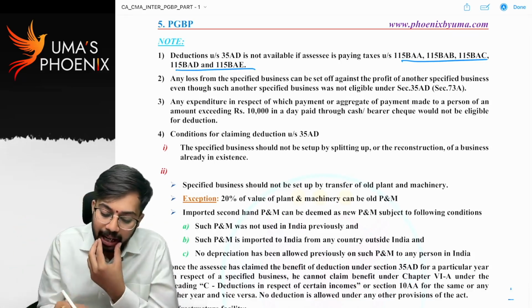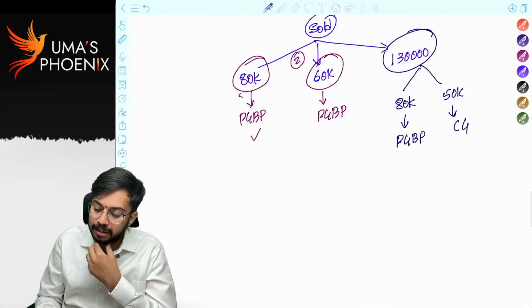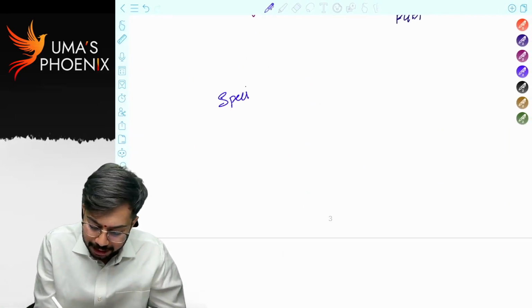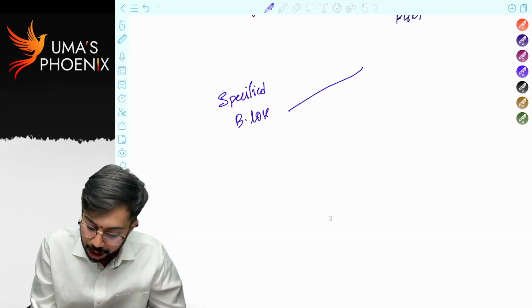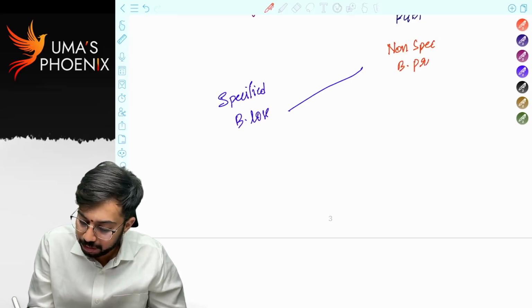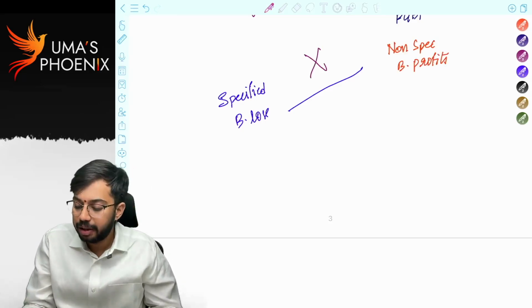Next, any loss from specified business can be set off only against specified business profits. What do you mean by this? Specified business loss. If you want to set off against non-specified business profits, can you set off? You cannot set off.